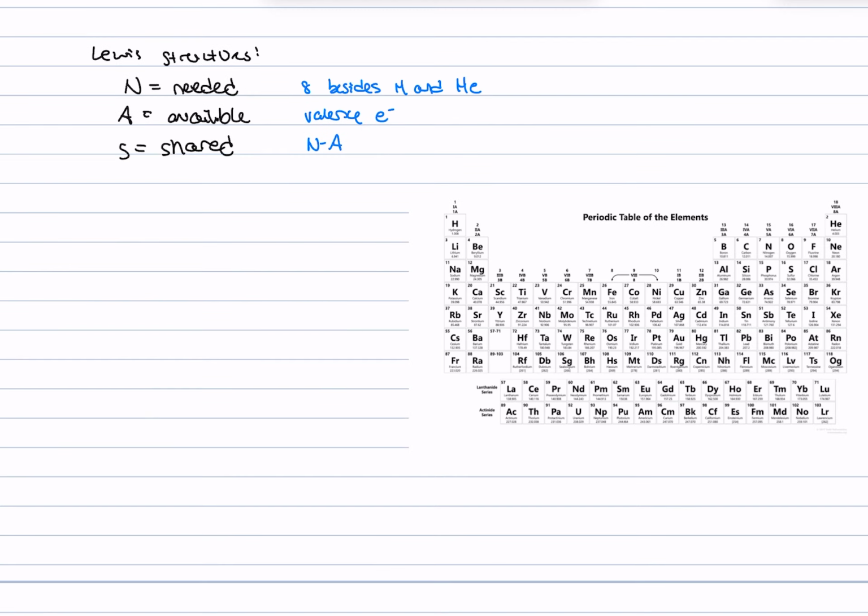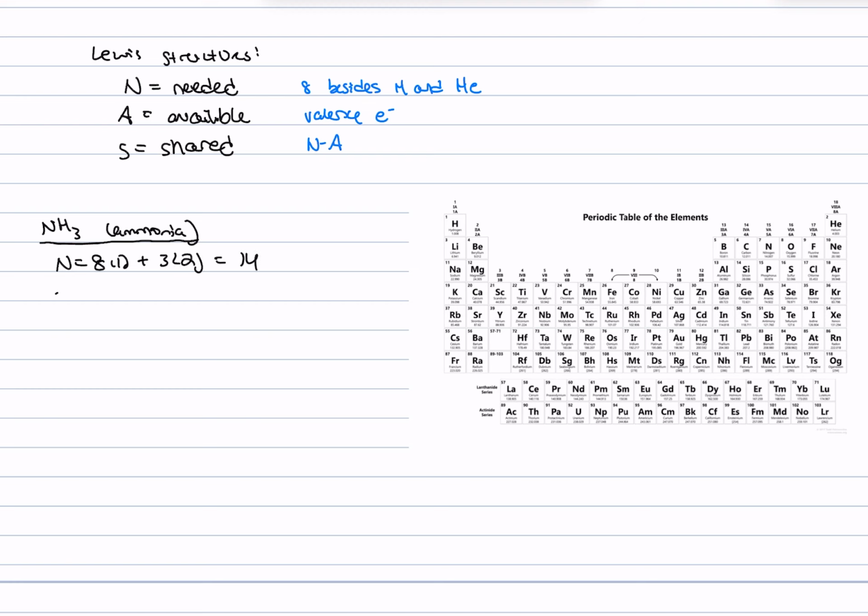For example, for NH3 or ammonia, there are 4 atoms, but 3 of them are hydrogen. So for N, we do the sum of 8 times 1 plus 3 times 2, and so that comes out to 14. And for available, it is 5 for nitrogen and 1 times 3 for the hydrogens, and so that comes out to 8.